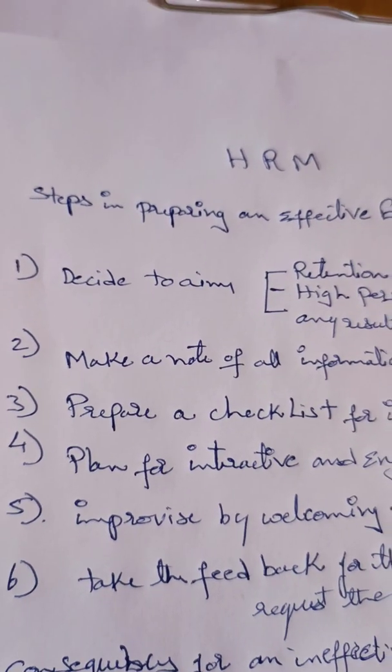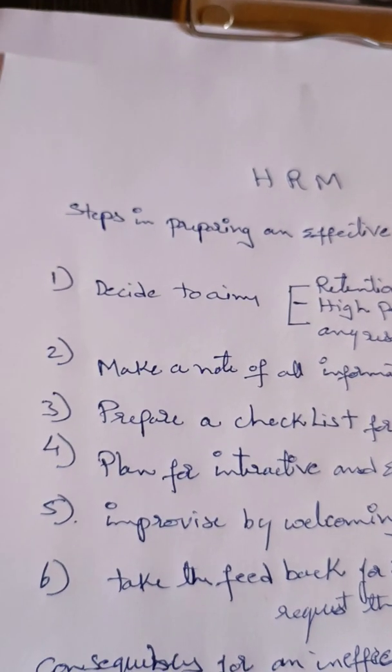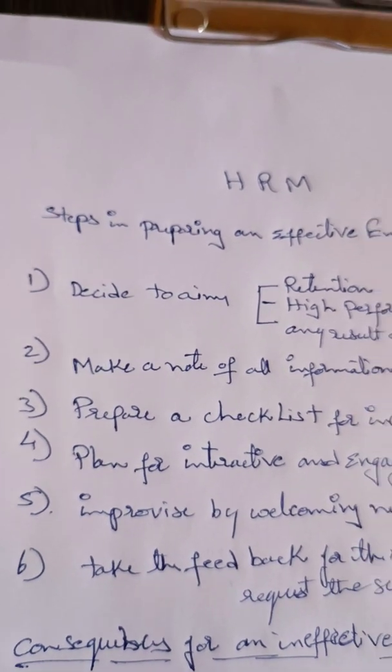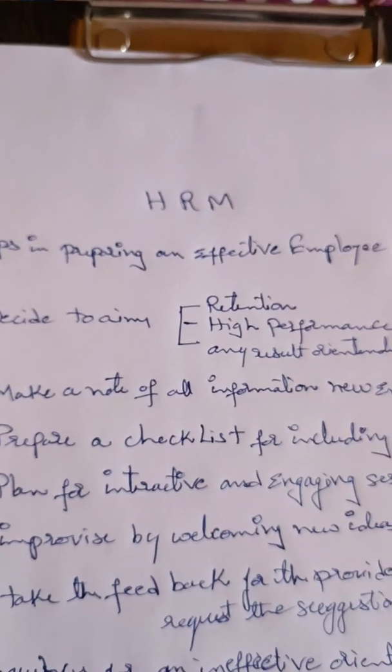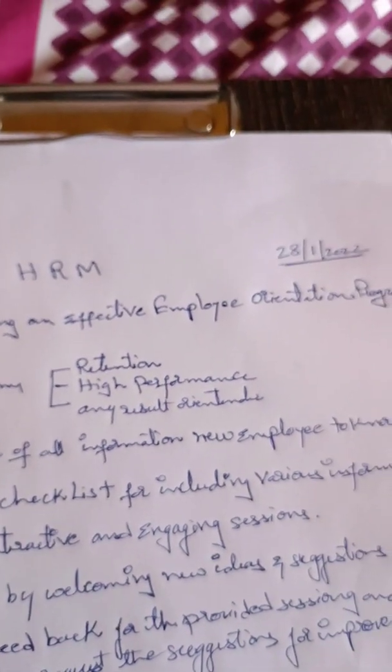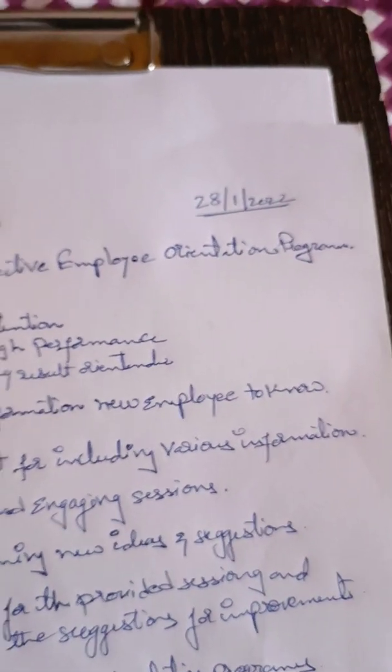The second thing is to prepare a checklist for making an effective orientation program. We have to prepare a checklist to include the various information that we have to provide him.